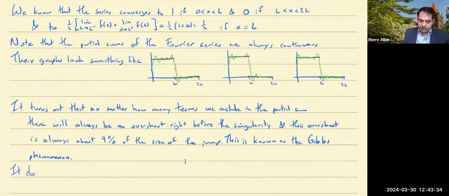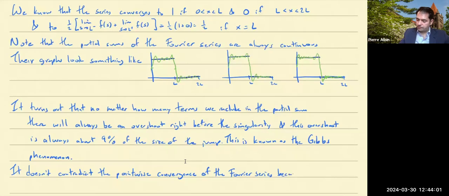It doesn't contradict the pointwise convergence of the Fourier series, because the overshoot moves closer and closer to the discontinuity as we include more terms.